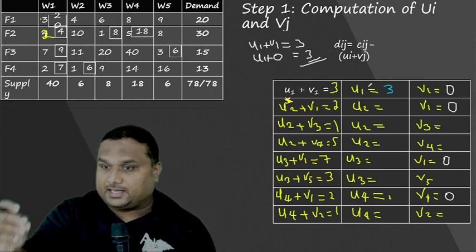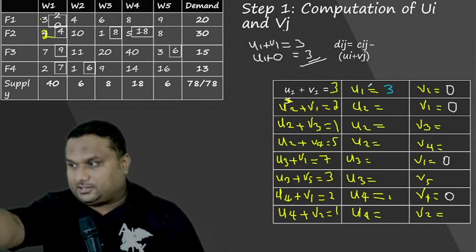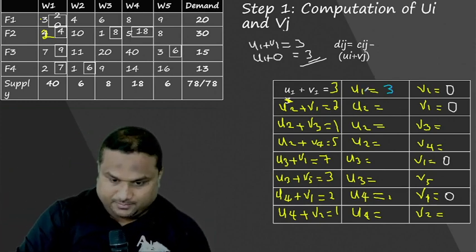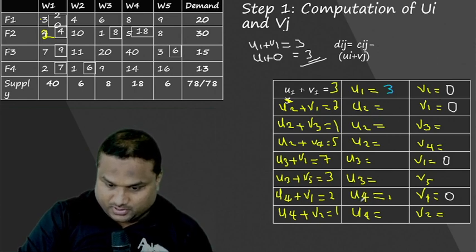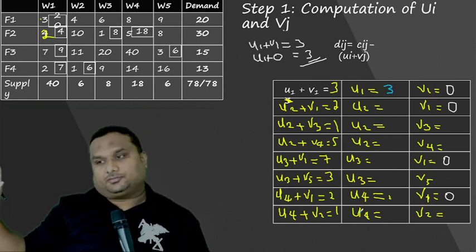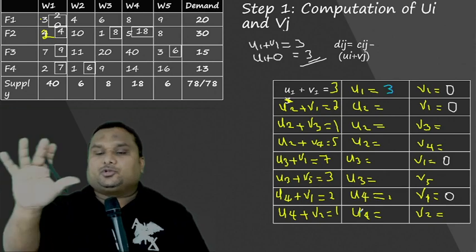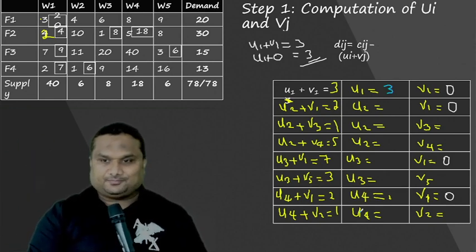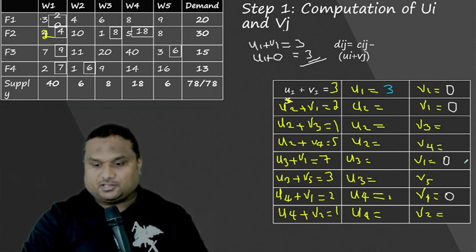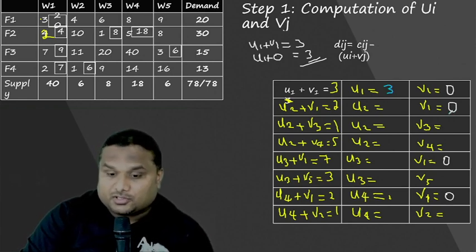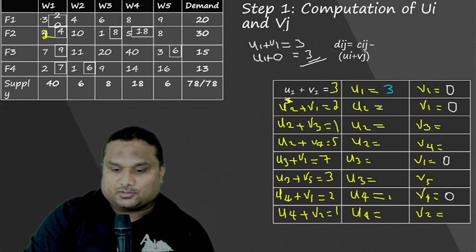Now I am checking. It has to go systematically. I am checking whether there is any U1 in the bottom. No. If it is there, I will put U1 equal to 3. Understood or not understood? Now V1 is equal to 0, then U2 is equal to 2.